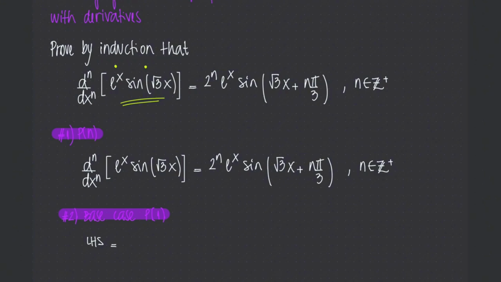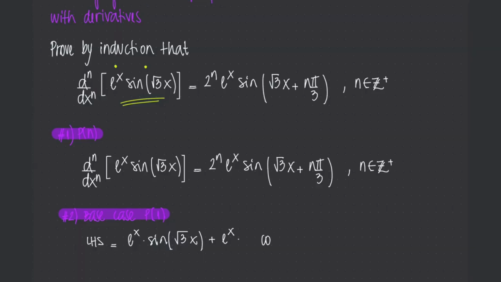The derivative is the derivative of e to the x, which is just e to the x, times sine, we leave this the way that it is, plus we copy the first one, which is just e to the x, and now we differentiate sine of root 3 times x, which is cosine of root 3 times x, multiplied by the derivative of the inside function, which is root 3.